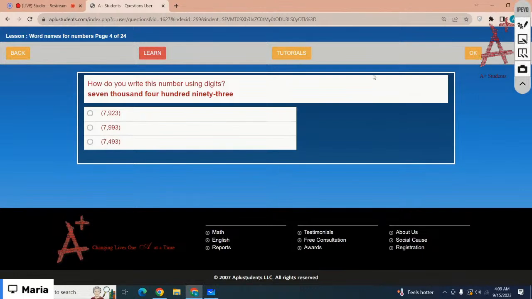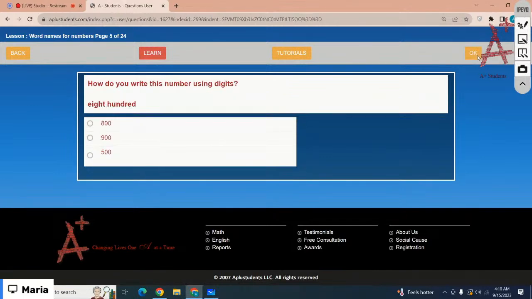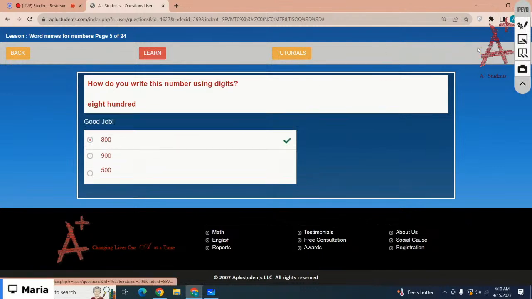That would be the last one. 7493 is the correct option. How do you write this number using digits? 800 is the correct option. Yes, very good. The correct option is option number 1, that is 800.